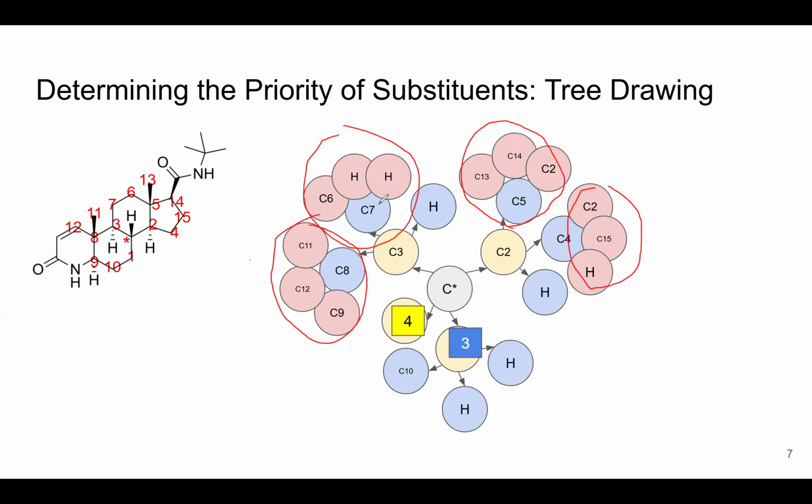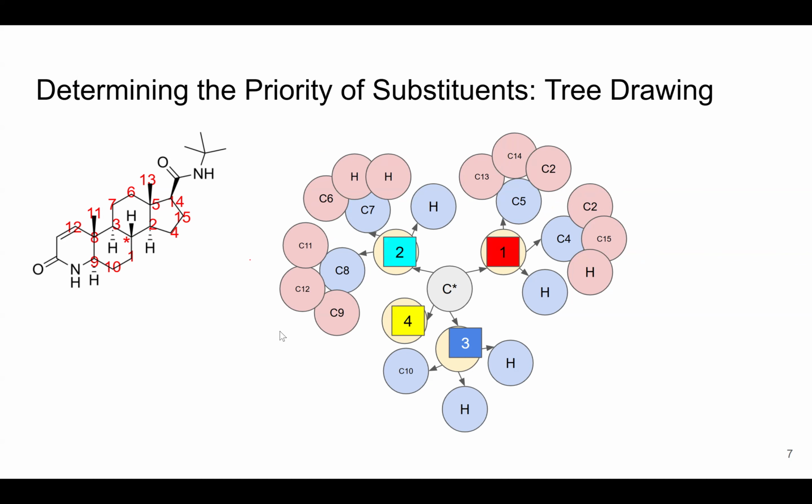So C4 has a higher priority than C7, and that's why C2 had a higher priority than C3. So we can label the priorities, and then we would know the priority of all the substituents around this carbon that we are interested in. I'll talk about why writing down the priorities is important later.